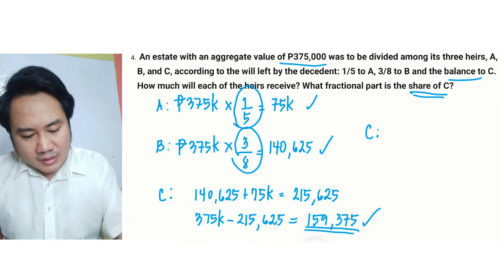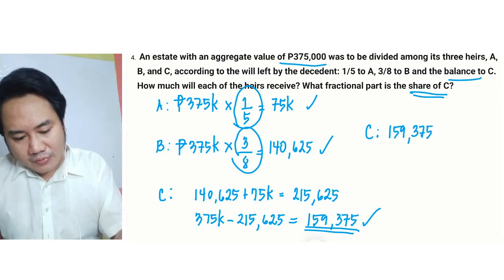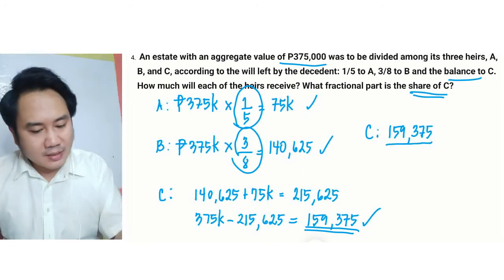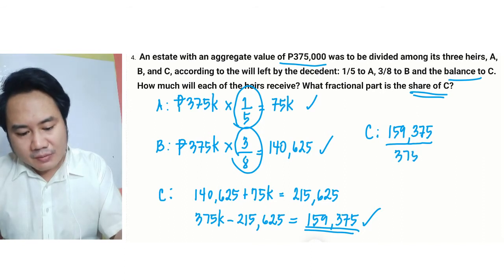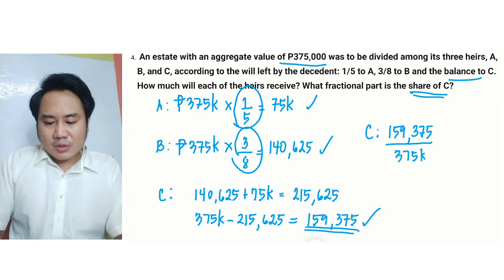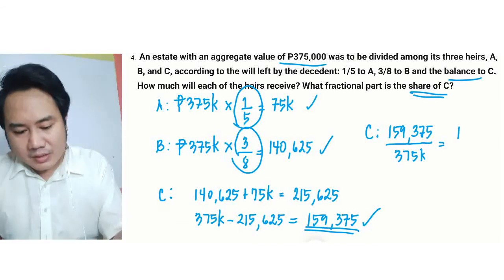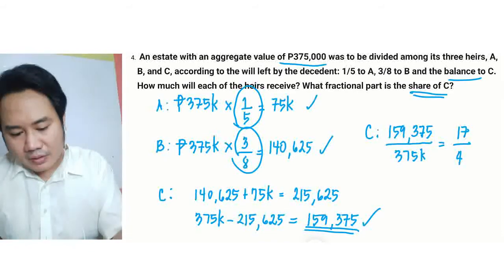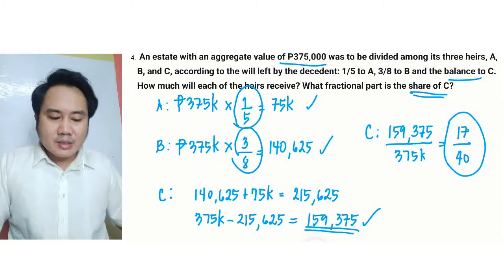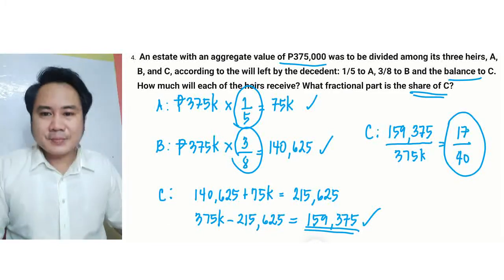So, for letter C, 159,375 over the aggregate value of 375,000. Okay? We are just going to reduce it to lowest term, and the result is 17 over 40. This is the fractional part of the share of C.